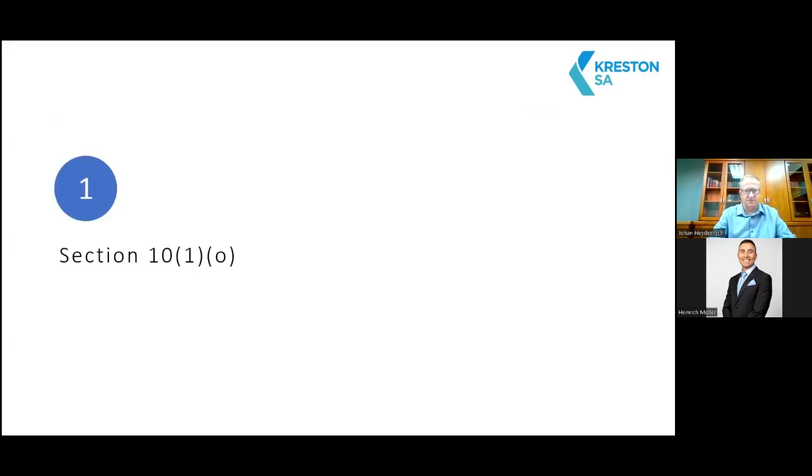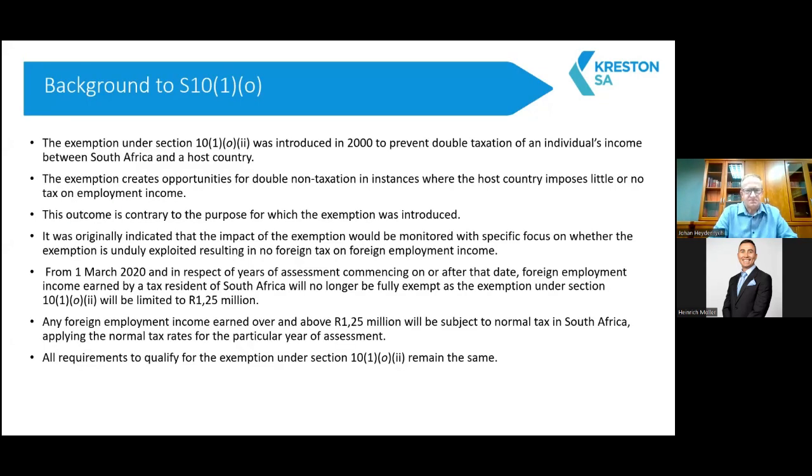All right, so let's start with the law. Now, this is just the background to Section 10(1)(o). As I've said, in the past, you had blanket exemption. And the interpretation note expands a little bit about what was happening. What they were saying is that initially, the intention of Section 10(1)(o) was to make sure that you don't have double taxation.